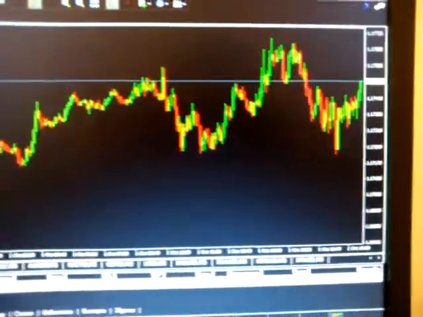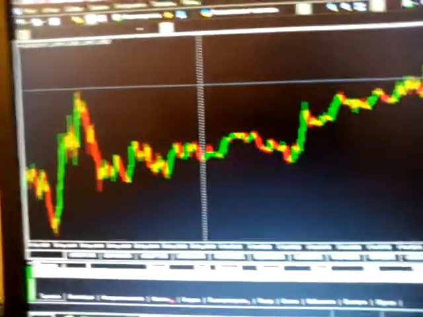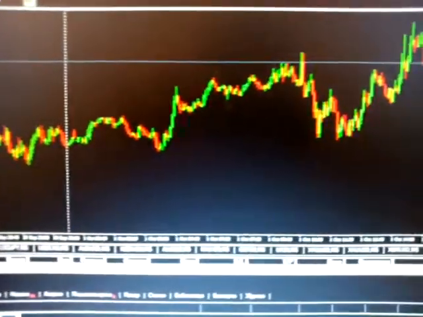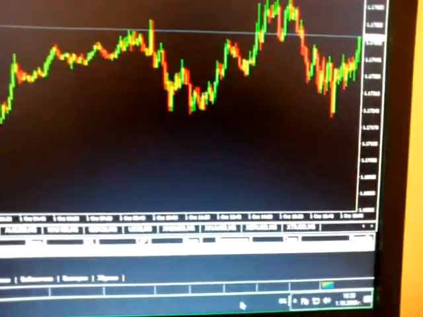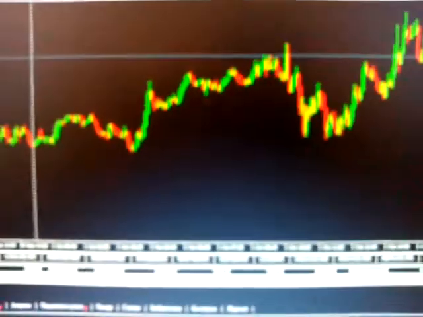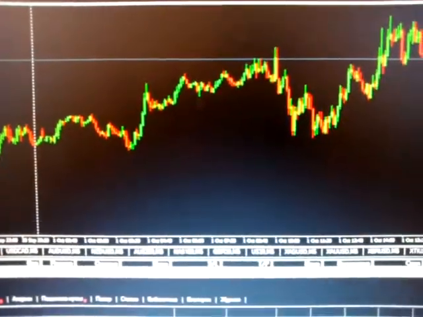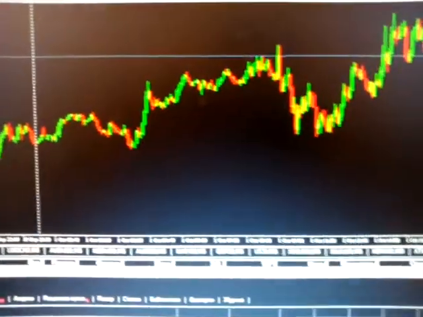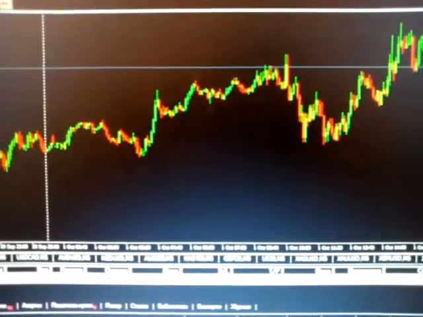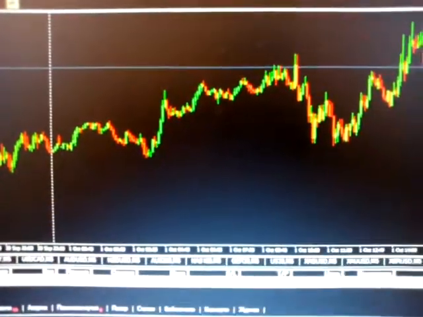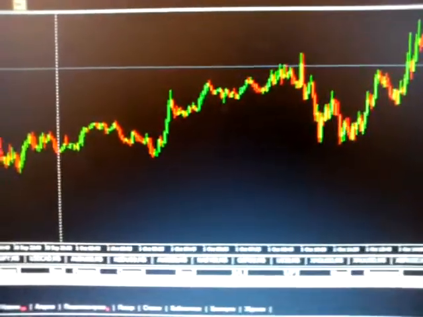Okay, now as you see, we are using naked charts, absolutely naked charts, no indicators, no oscillators, even no volume. We don't care about volume, because volume and future price movements are as logical and as connected as good news and the price going up, or bad news and the price going down.